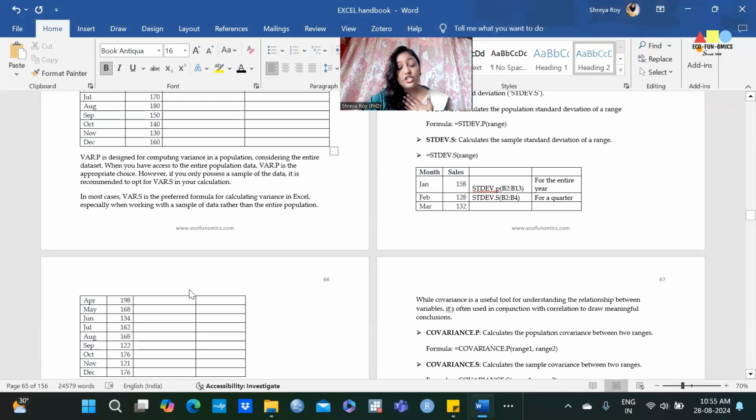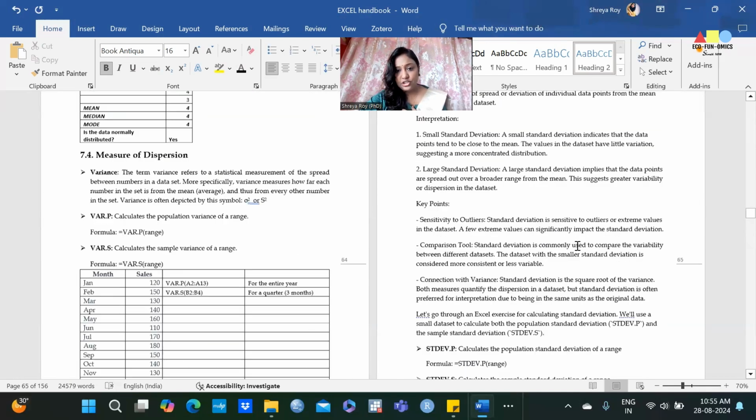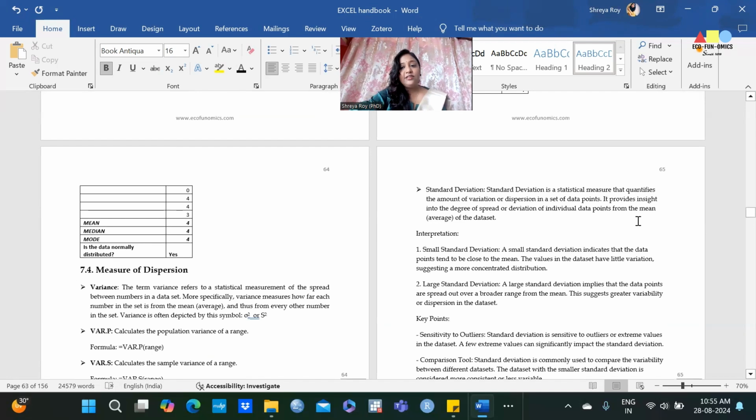Variance can be calculated using two methods. One is the sample method, one is the population method, both of which we will be using in Excel in a while. Now, moving to standard deviation. Variance measures the degree of dispersion, and standard deviation measures the scatteredness of the deviation.